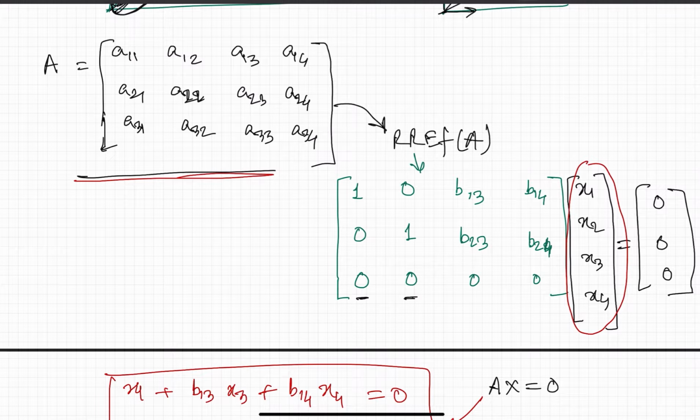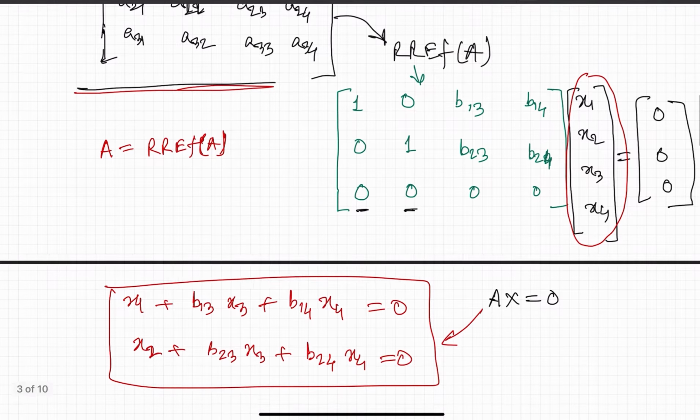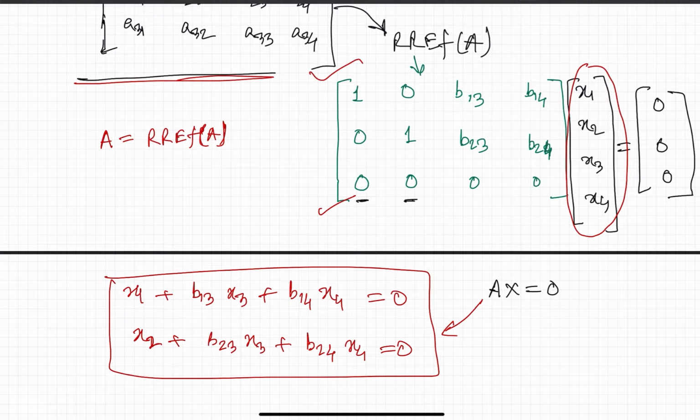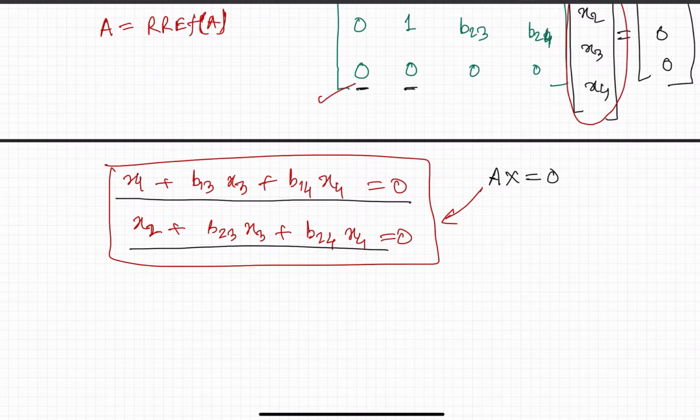One thing we already know is that A and its reduced row echelon form F have the same solutions, so we can use either matrix as per our need. So we have got these two equations from the original homogeneous equation Ax is equal to 0.